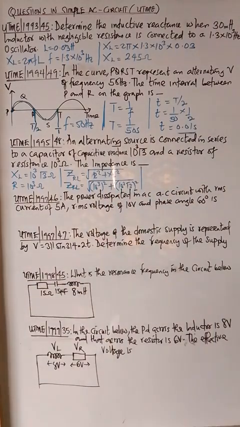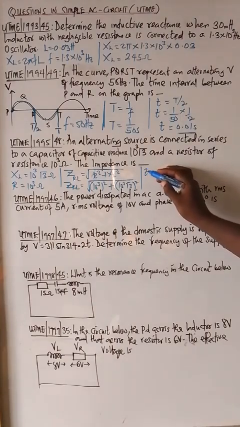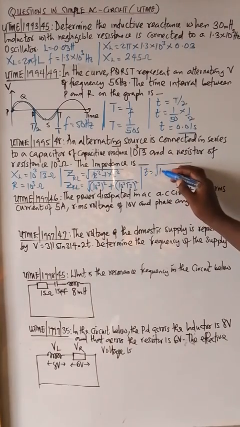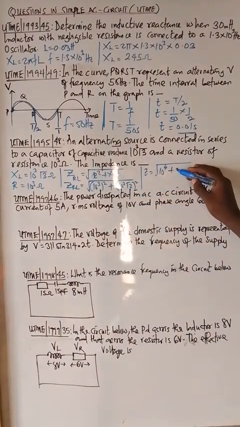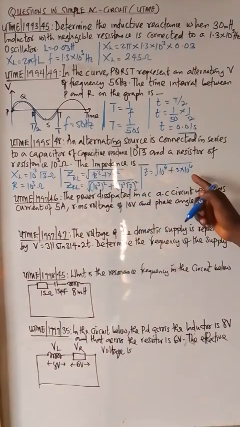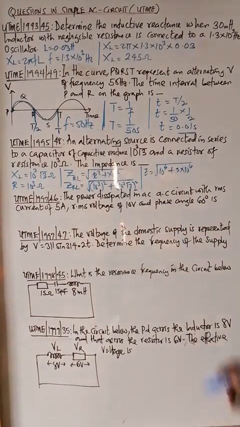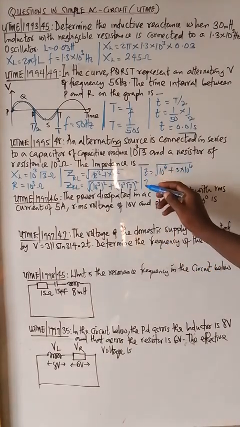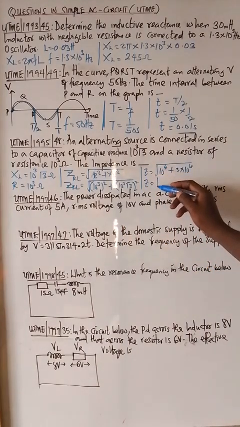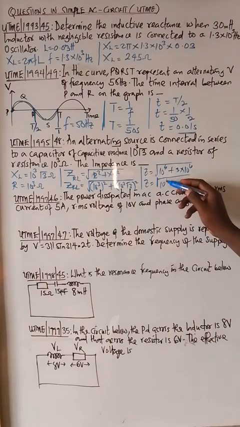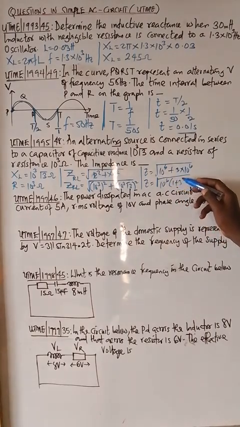I believe you can finish by yourself, but let's continue. This becomes 10⁻⁶ plus, if you square root 3, that will be 3 times 10⁻⁶. 10⁻⁶ is common. Let me separate inside so you will not be confused: 10⁻⁶ into 1 plus 3.